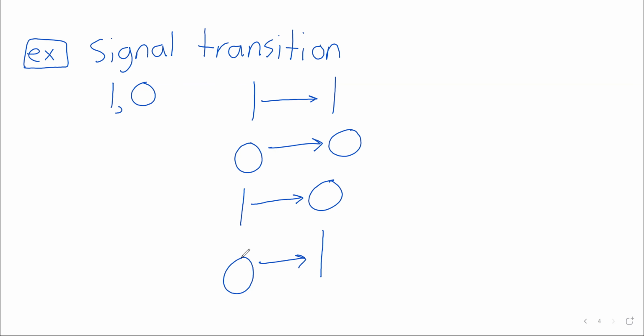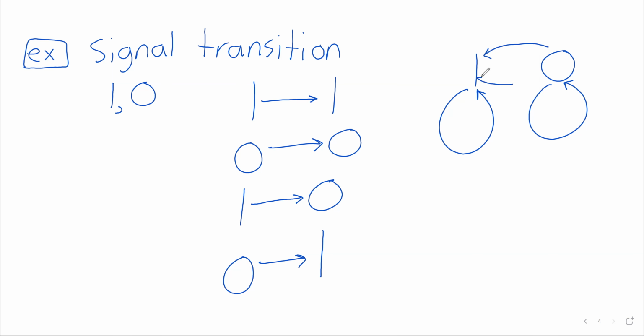So we have these two states. Our states are 1 and 0. We have the transmission. Ideally, transmission will send these states back to themselves. But it can also cause a state change.